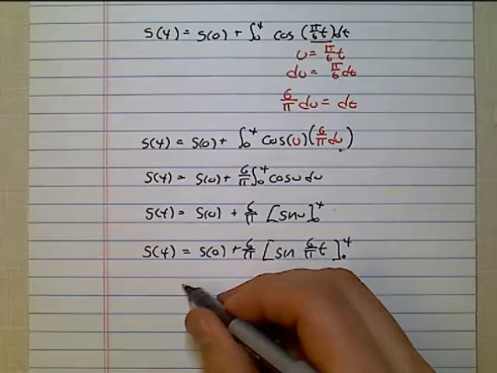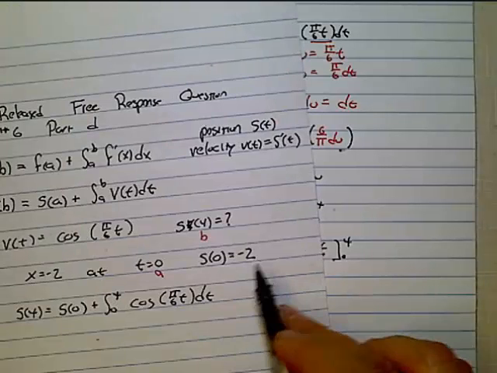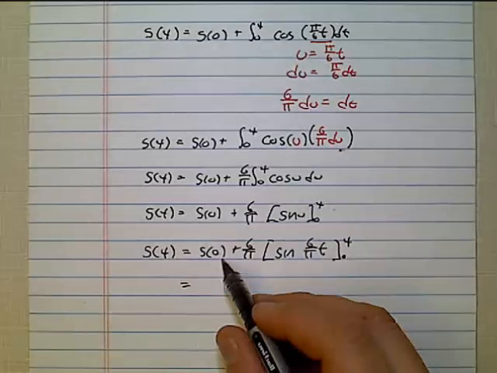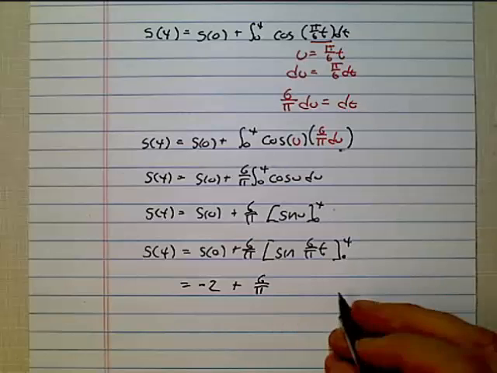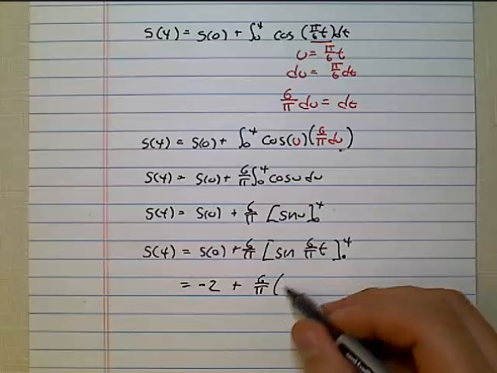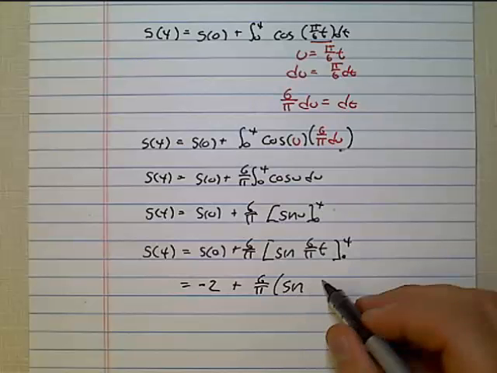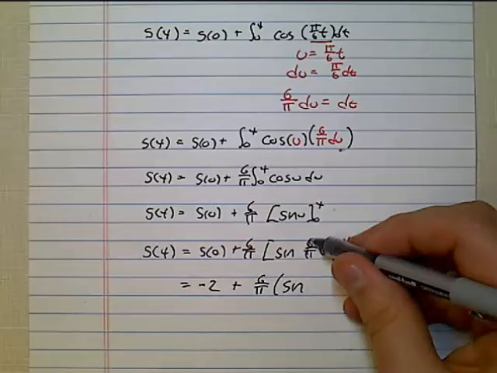So now I'm ready to really start evaluating this. I'll take advantage of the fact that I know that s of 0 equals negative 2. So for my s of 0, I'll put negative 2 plus 6 over pi. And now I'll plug in my 4 and plug in my 0. So we have sine of, I'm sorry, this is a pi over 6, isn't it?